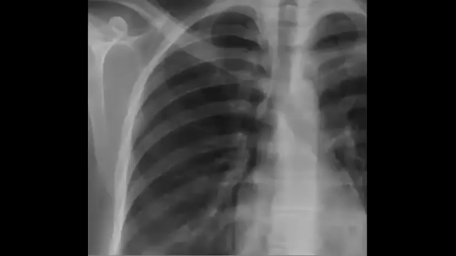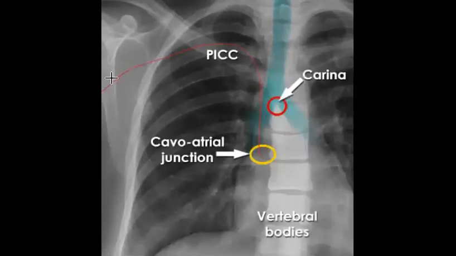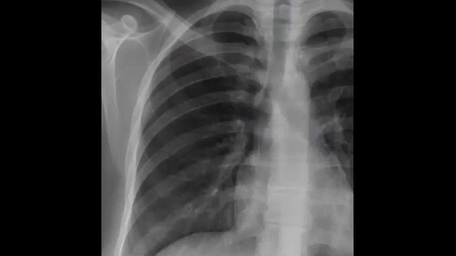And this is the PICC, peripherally inserted central catheter. So you can see that the line is going here, and the target here will be the cavo-atrial junction, which is more with the long-term catheters.